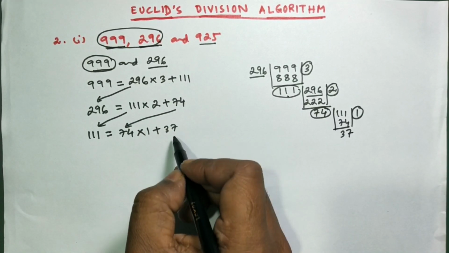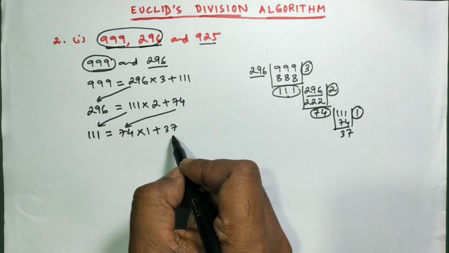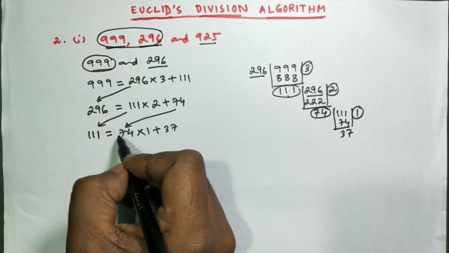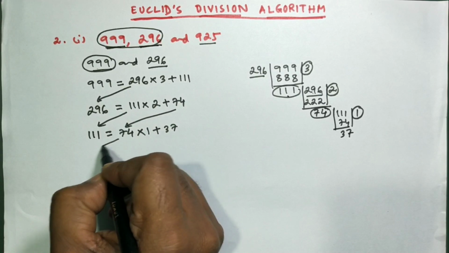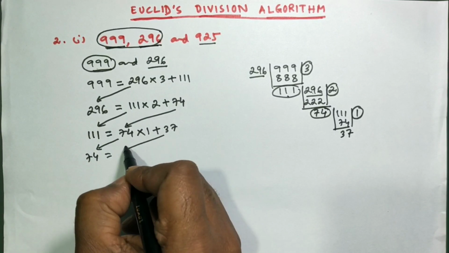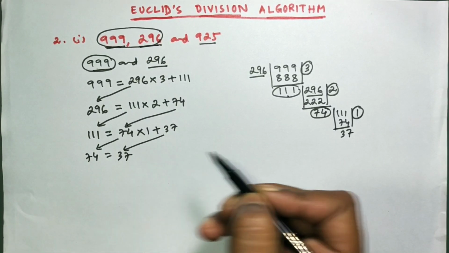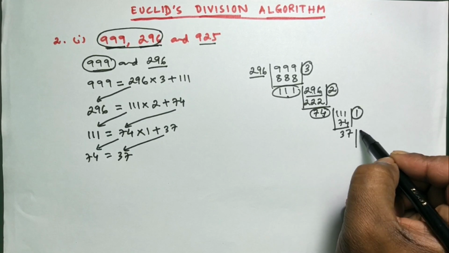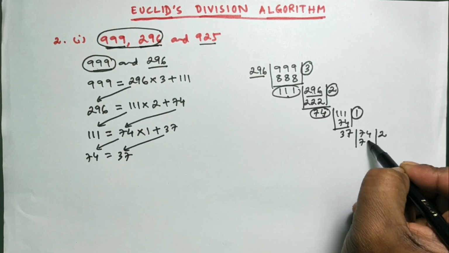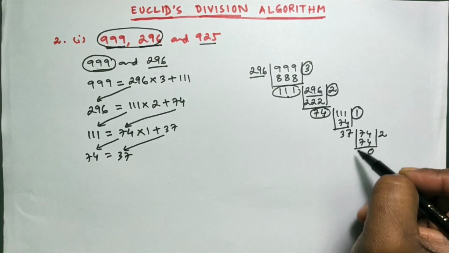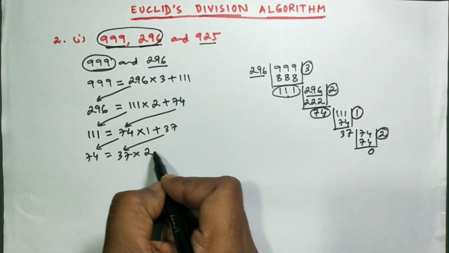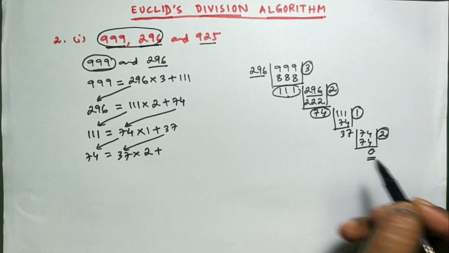We have to do this till we get 0 as a remainder. So 74 here, again this 74 will come here, 74 is equal to 37 will come here. In the same way again 74 will come here. If we divide, we'll get 2 times here, 74, and the remainder is 0. Here the quotient is 2 and the remainder is 0.